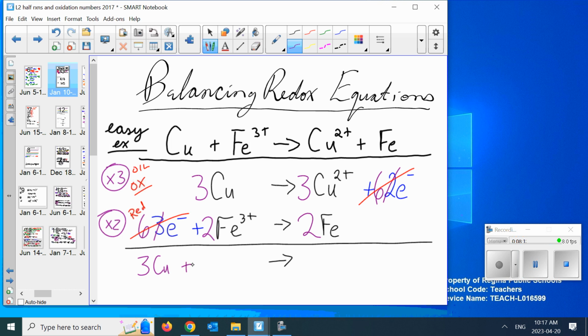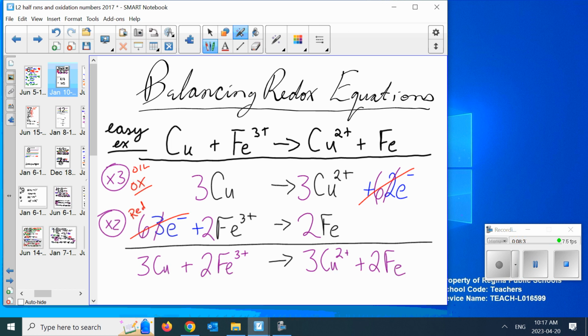The other thing on the left side is now 2 iron. 3 copper ions plus 2 iron. And if I look at this, it is balanced for atoms. That's no doubt. You quickly see 3 copper, 3 copper, 2 iron, 2 iron. And then charge-wise, this overall reaction is 2 times 3, that's 6. This is 3 times 2, that's 6.